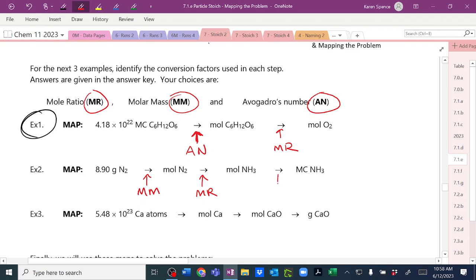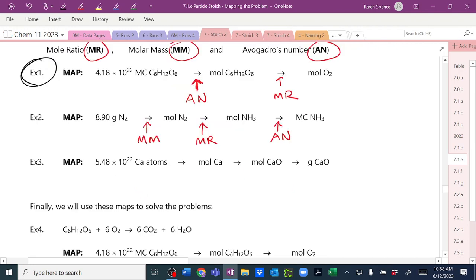Moles to molecules, Avogadro's number. Atoms to moles, Avogadro's number. As long as it's some type of particle, it doesn't matter if it's atoms or molecules. And then moles to moles, mole ratio, and then moles to grams, molar mass. Okay.